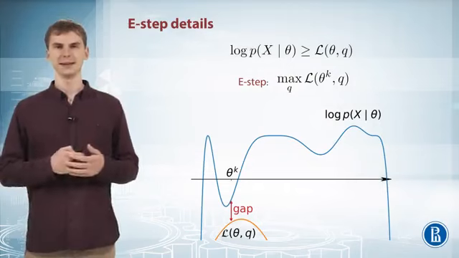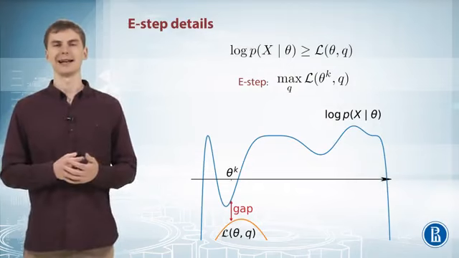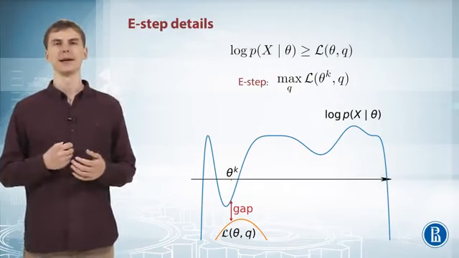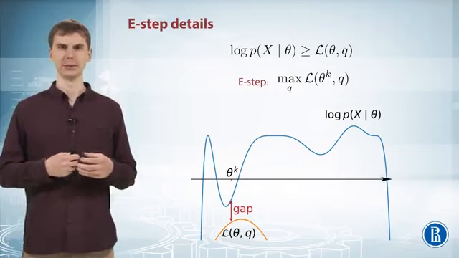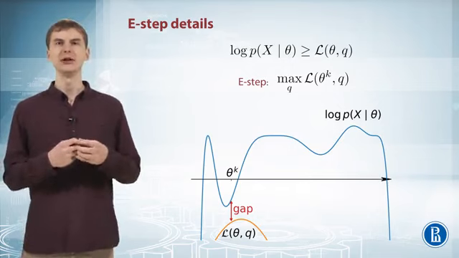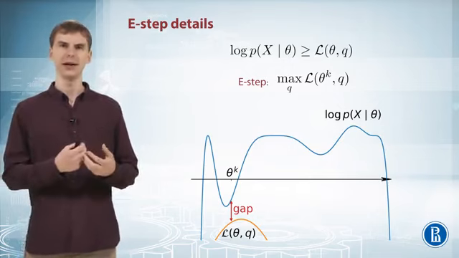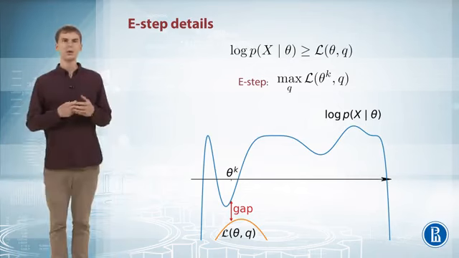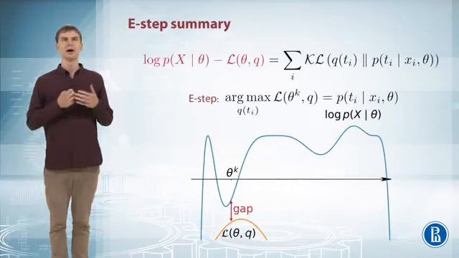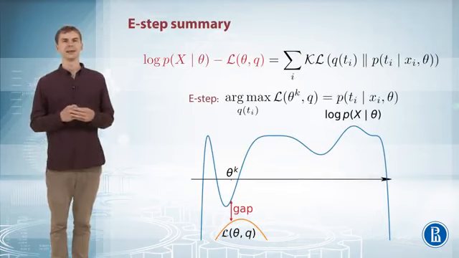So to summarize, the gap between the log likelihood and the lower bound equals the sum of Kullback-Leibler divergences between the distribution Q and the posterior distribution P of Ti, the latent variable, given the data we have and the parameters we have. Which basically means that maximizing this lower bound is the same as minimizing minus the lower bound.